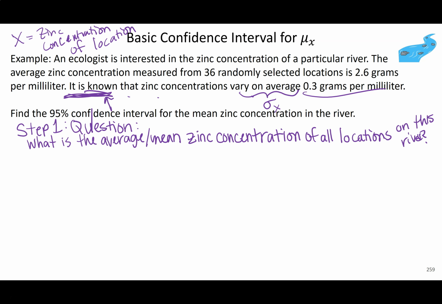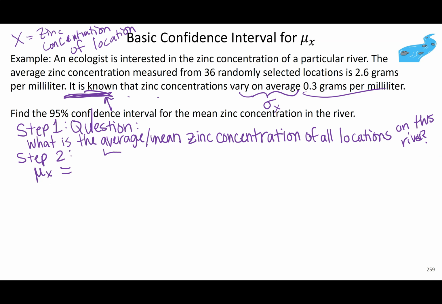So that's my question. Step 2, my parameter of interest. I'm interested in mu of x. This is my notation, and we will say, give us the parameter of interest in notation and in context of the problem, like in words. So the notation is mu of x, and then the description comes.